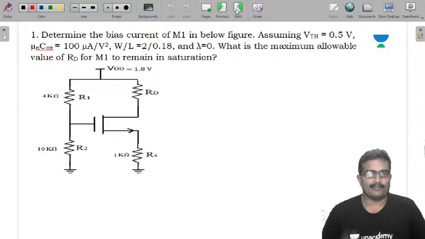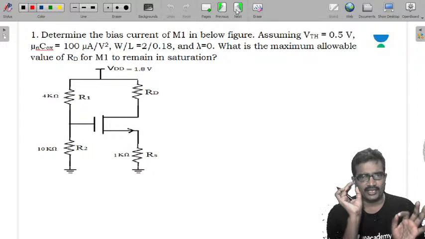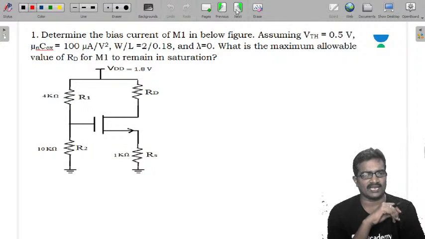Determine the bias current of M1 in the below figure, assuming VTH, that means threshold voltage of that MOSFET, is 0.5 volts, mu n COX is 100 microamps per volt square, W by L is 2 by 0.18 and lambda equal to 0. What is the maximum allowable value of RD for M1 to remain in saturation?